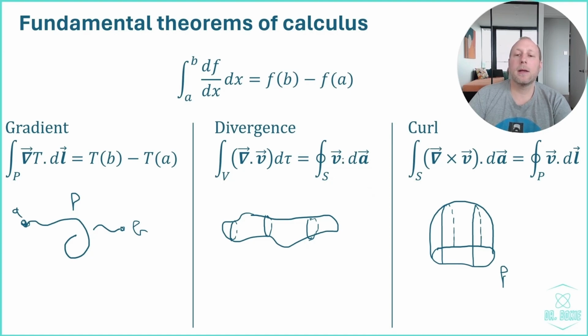And once again, the surface integral of the curl is equal to the line integral of the field itself, where once again, the boundary of the surface we evaluate, we get rid of the derivative of the curl and we get rid of one of the integrals, and we evaluate the function on the boundary, and in this case the boundary of a surface is the line around it. So these are all versions of the fundamental theorem of calculus that we will need in this course.